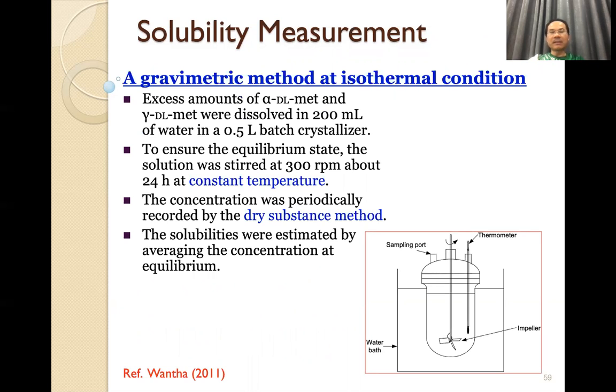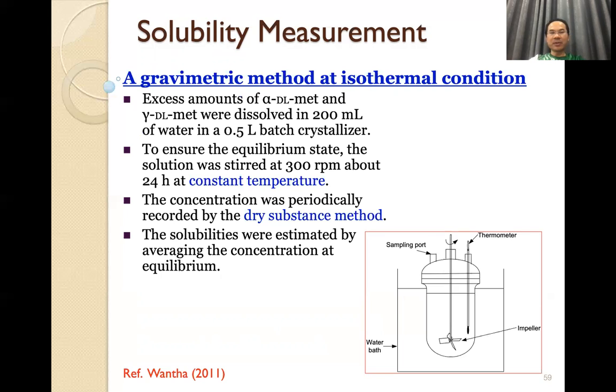If the concentration is higher than solubility, we can obtain the crystal. If the concentration is lower than solubility, we cannot obtain the crystal. We have to adjust or disturb the solution, maybe by cooling crystallization, or evaporation, or adding some solvent for anti-solvent crystallization.